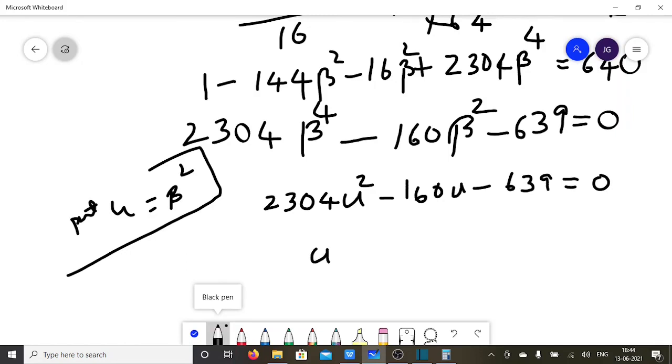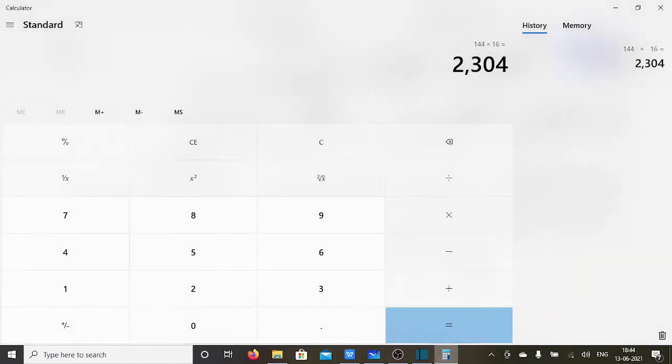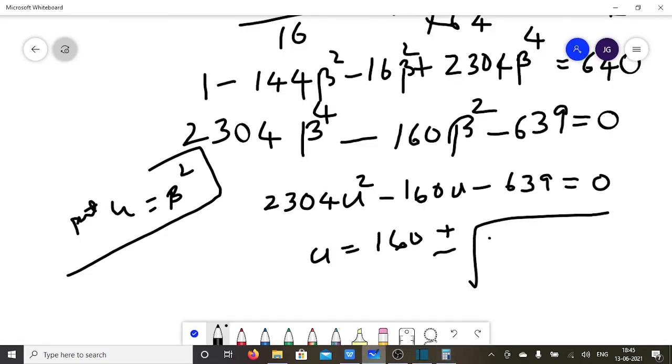So u is equal to 160 plus or minus square root of b square, that is 160 all square. 160 into 160 is equal to 25,600, minus 4ac.